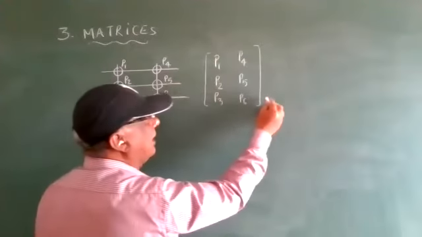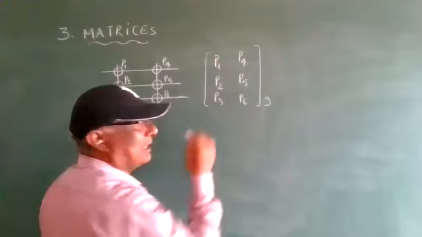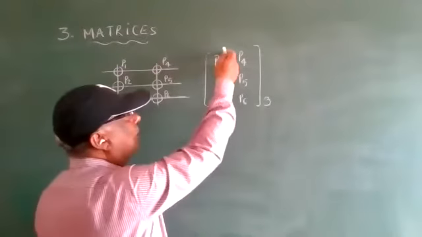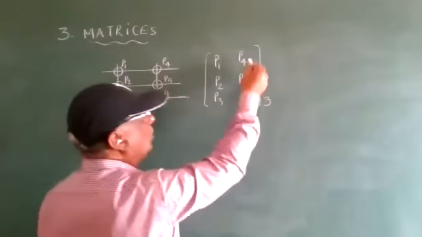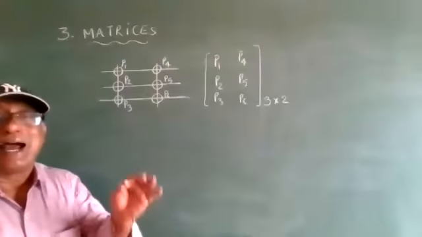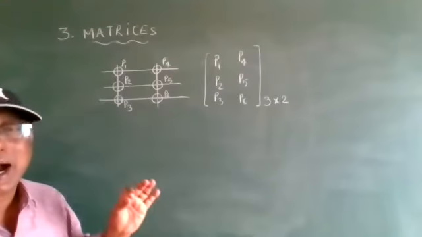So the number of horizontal lines is 3. How many vertical lines? 1 vertical line and 2 vertical lines. 3 by 2 is called the order.